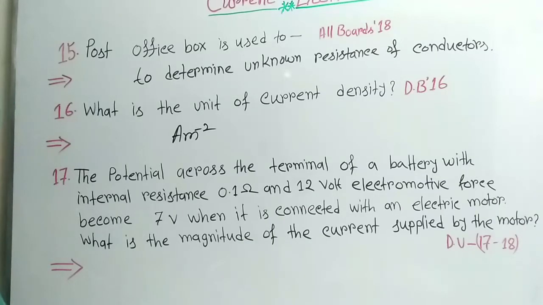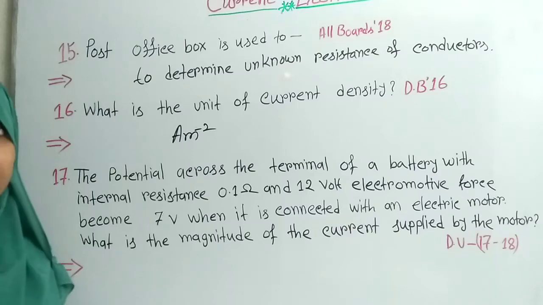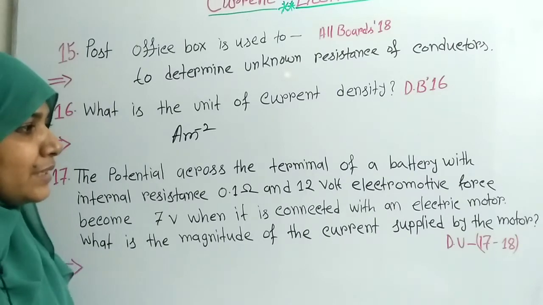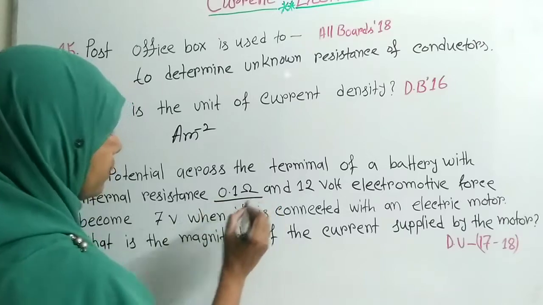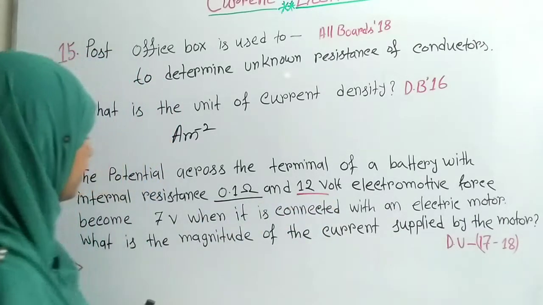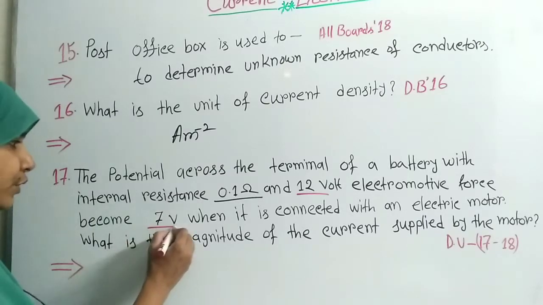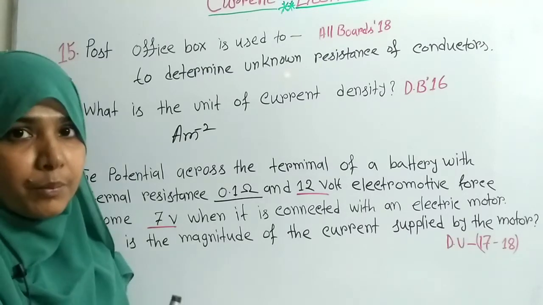Now dear students, our next question, that is question 17, is from admission test of Dhaka University 2017 and 18. The potential across the terminal of a battery with internal resistance 0.1 ohm and 12 volt electromotive force becomes 7 volt when it is connected with an electric motor. What is the magnitude of the current supplied by the motor?